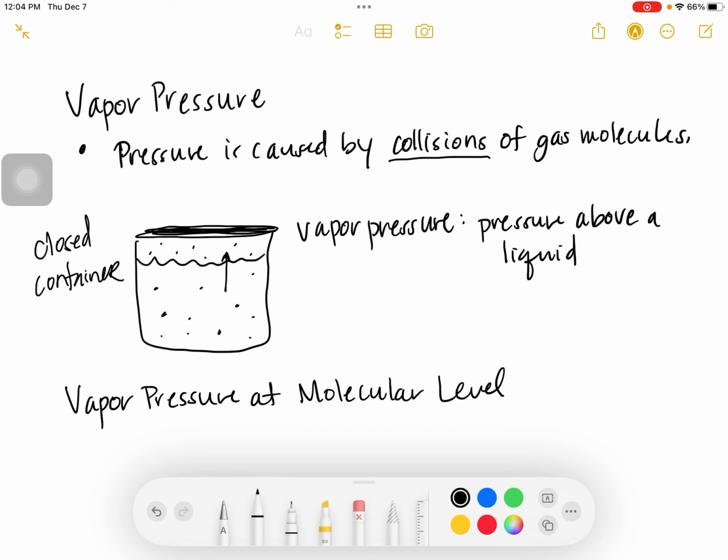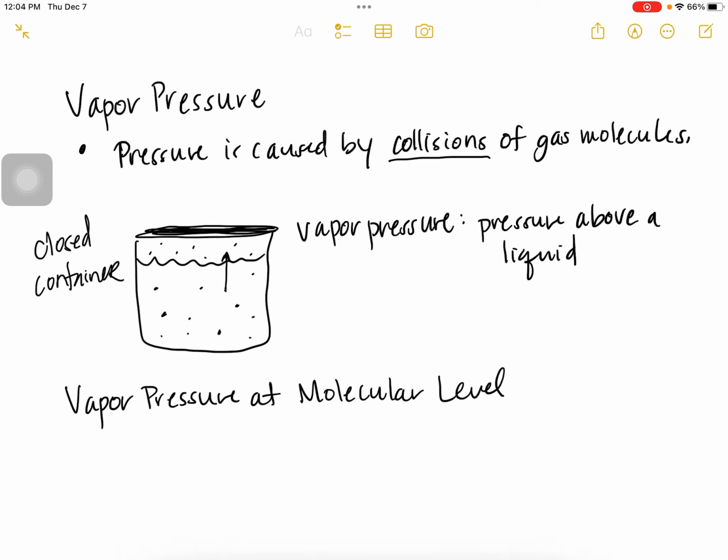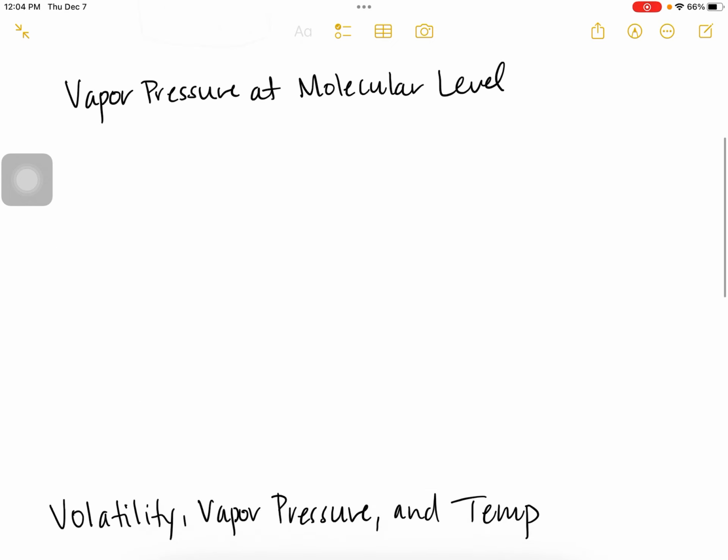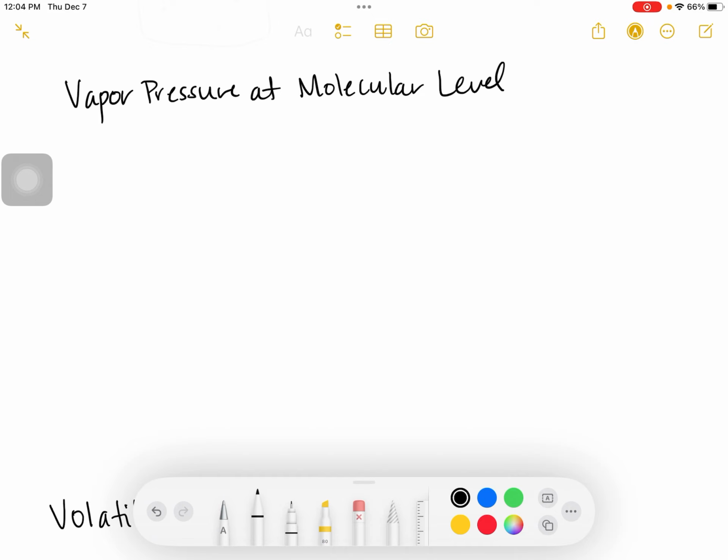Okay, so what's really happening kind of at the molecular level during this idea of evaporation and creating a vapor pressure? So this is kind of the second point of discussion here, and it's actually a very big one. So what happens in our closed container is that as the particles gain energy, evaporation occurs.